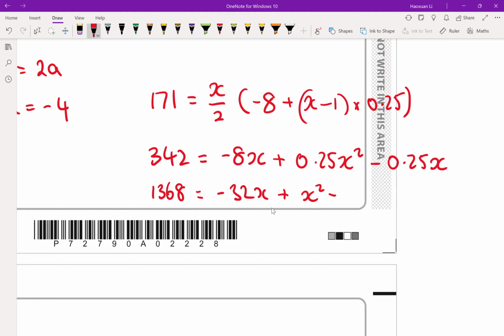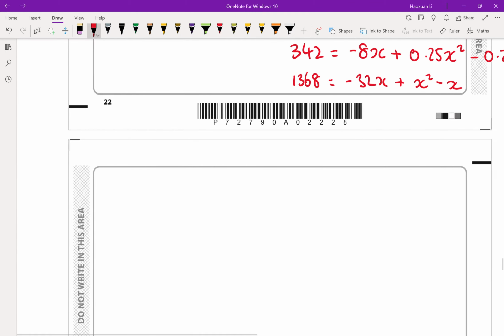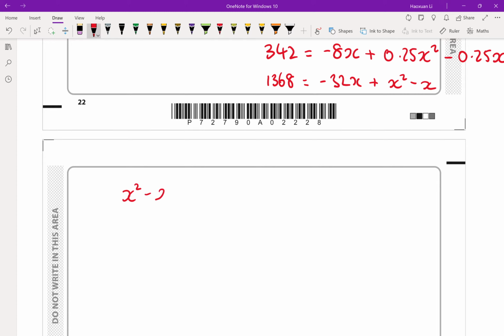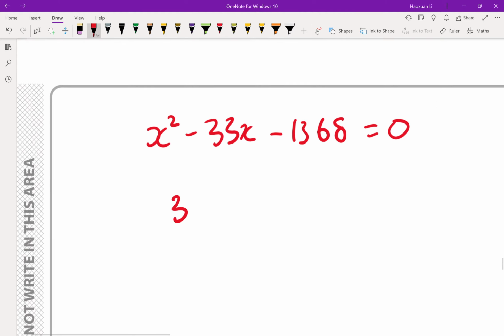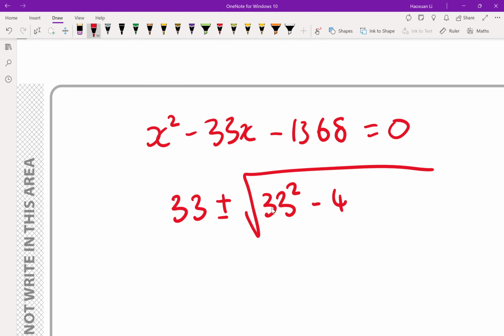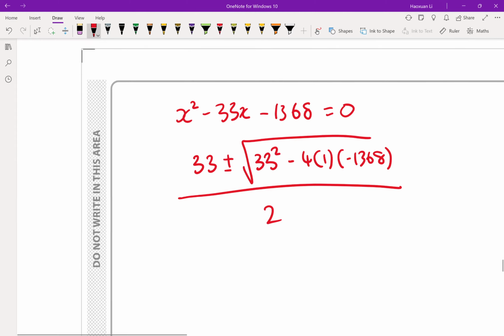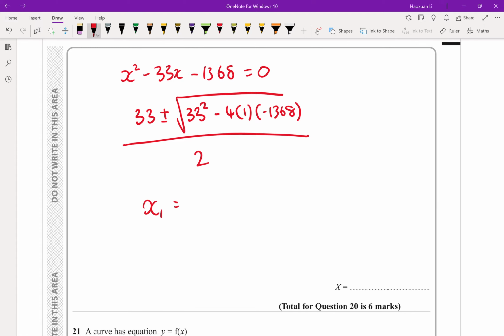x squared minus x. So now you can form a quadratic equation: x squared minus 33x minus 1368 equals 0. So using negative b plus or minus the square root of b squared minus 4ac, all divided by 2a, x will be 33 plus or minus the square root of b squared minus 4 times a times c, and you could get 57.